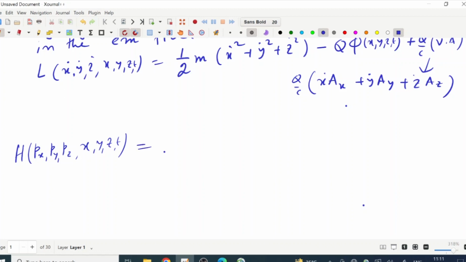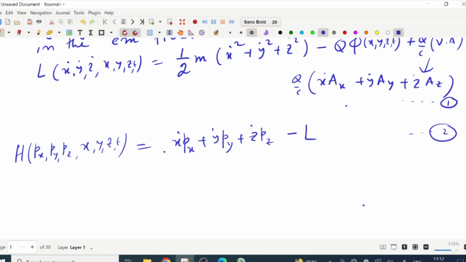So, the Legendre transformation will be x dot px plus y dot py plus z dot pz minus the Lagrangian. Let me write, this is my equation 1, this is equation 2. So, you have to use the Lagrangian for equation 1.